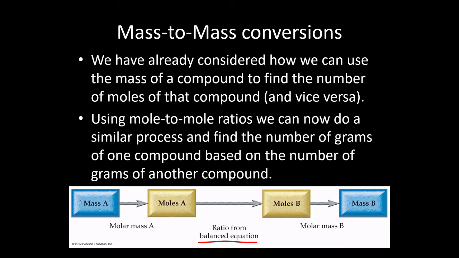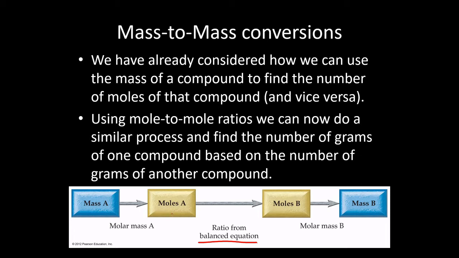So if, for example, we know the mass of something that is reacting, and we want to know the mass of the product that is produced when this stuff reacts, we're going to convert the mass of the reactant into moles of reactant.